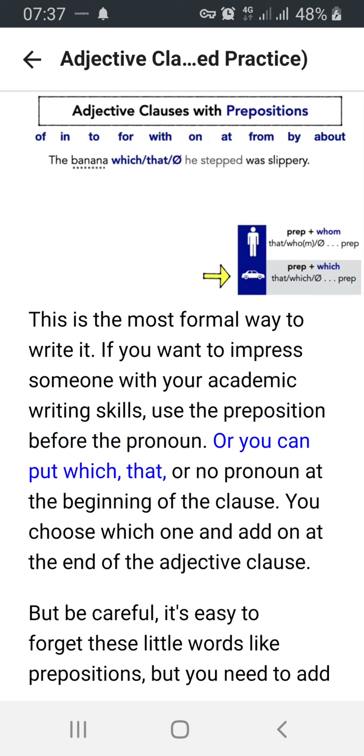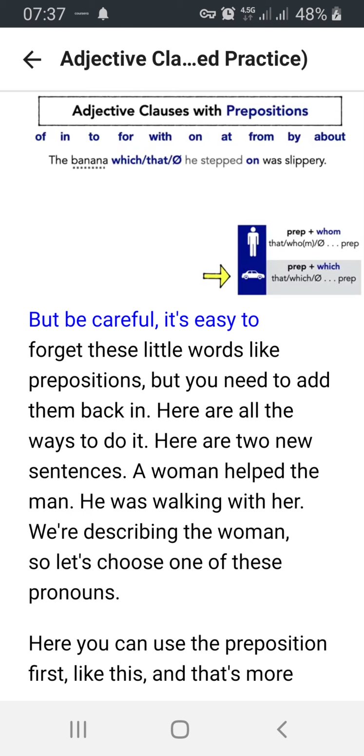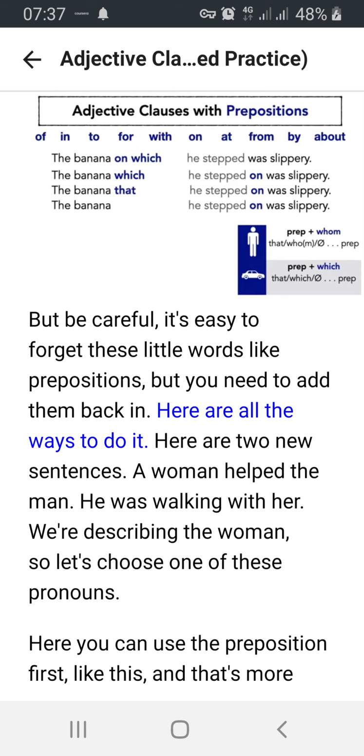Or you can put which, that, or no pronoun at the beginning of the clause. You choose which one. And add on at the end of the adjective clause. But be careful. It's easy to forget these little words like prepositions, but you need to add them back in. Here are all the ways to do it.